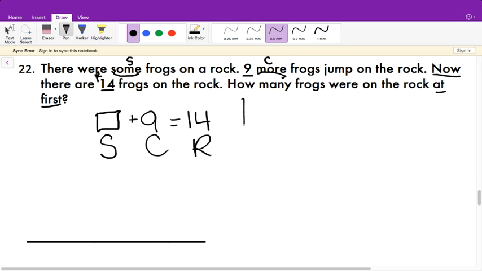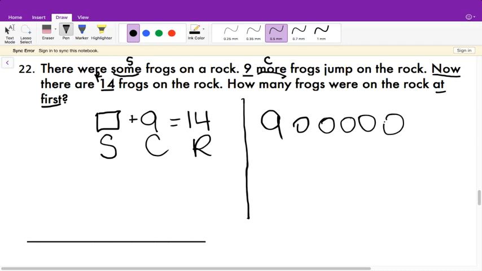Now we can draw our picture. So what we're going to do for our picture, we're looking for the partner to 9 in this equation. So we're going to count up from 9 until 14 to find that partner. So I'm going to write 9, and then I'm going to draw circles until I get to 14. So 10, 11, 12, 13, 14.